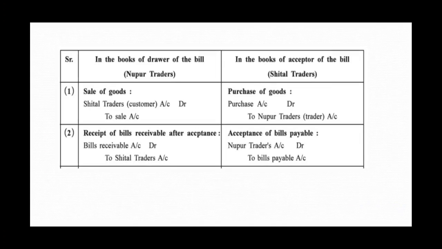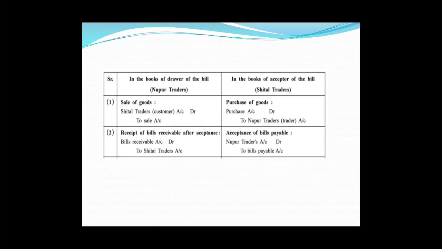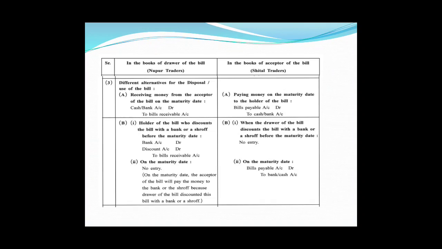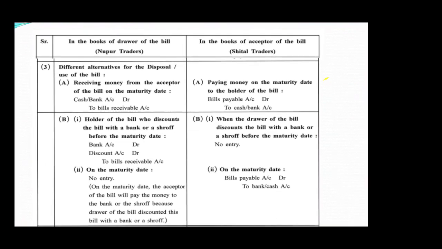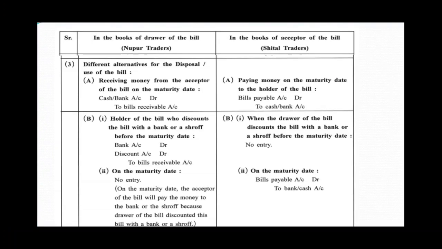Now after this, we will see the disposal of the bill and all four types of disposal and the different entries to be passed in all four conditions. First of all, different alternatives for disposal. A, receiving money from the acceptor of the bill on the maturity date, and here paying money on the maturity date to the holder of the bill.